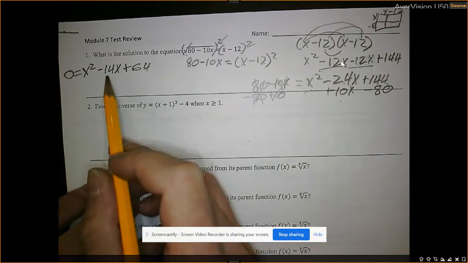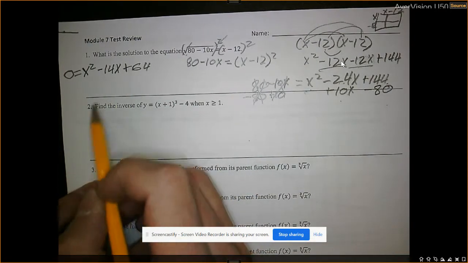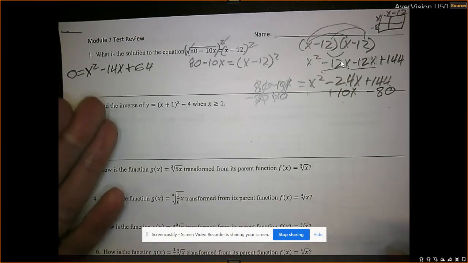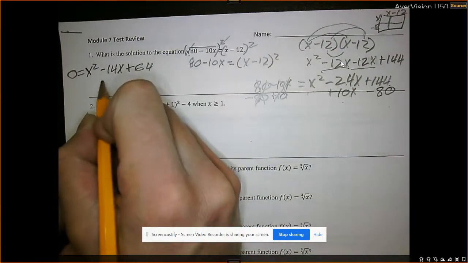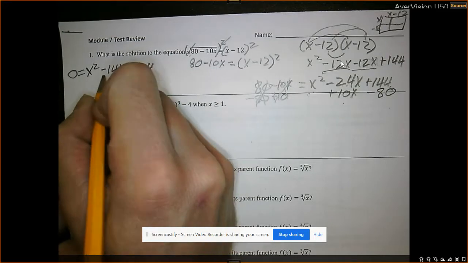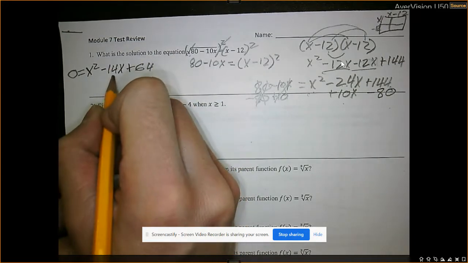Now, to solve something like this, we could try to factor. Pause, try to factor. Okay, unpause. Hopefully you actually tried doing that. You'll see you can't factor it. So then I always go to the quadratic formula, because the quadratic formula helps us solve any quadratic equation.